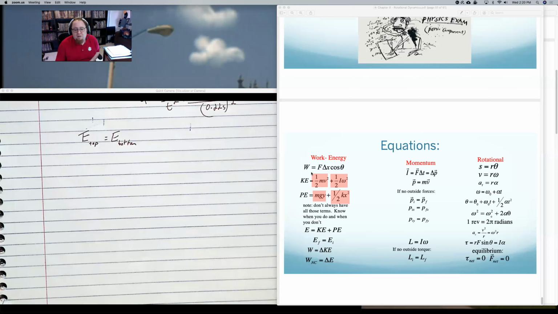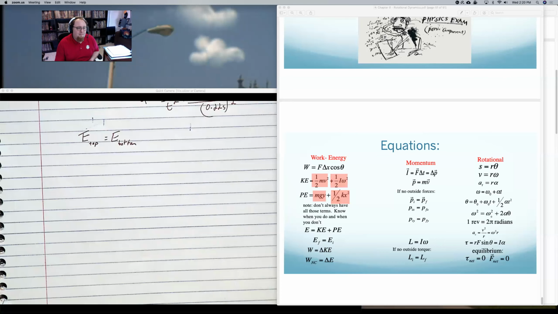When doing these problems, you almost always need the linear kinetic and the gravitational potential. The rotational kinetic only comes up if you have something rolling or moving in a circle. The spring potential only comes up if you have a spring.